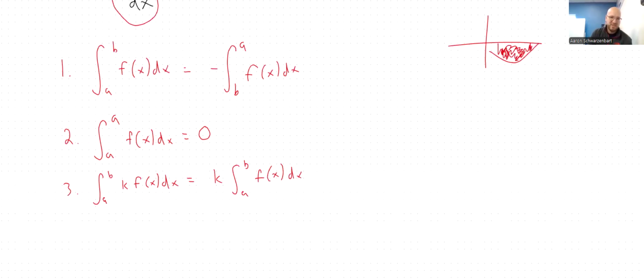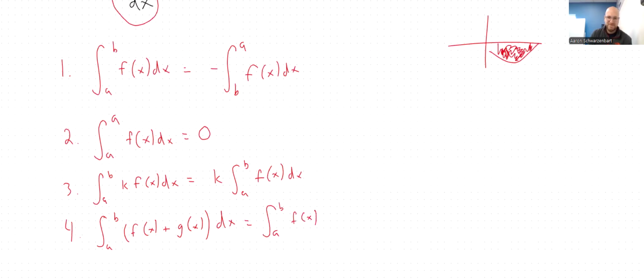Rule 4 is highly useful, which, remember how we took derivatives term by term? It says as long as the functions are added together, the key is adding here, you can integrate them separately.